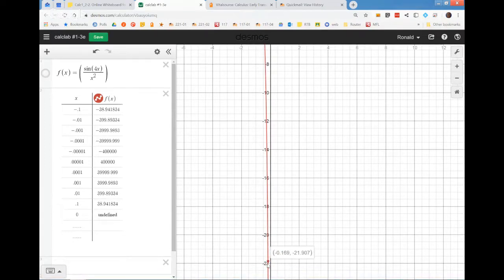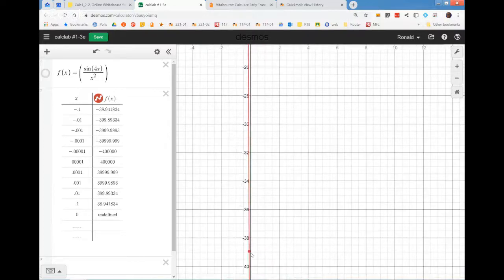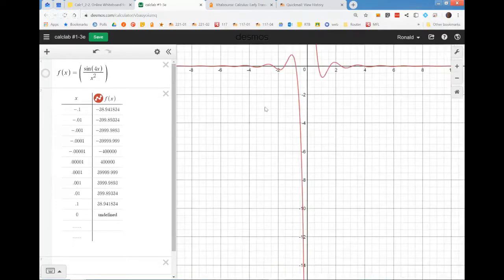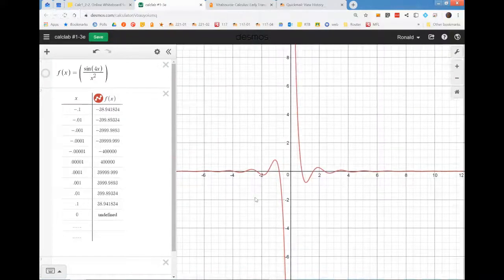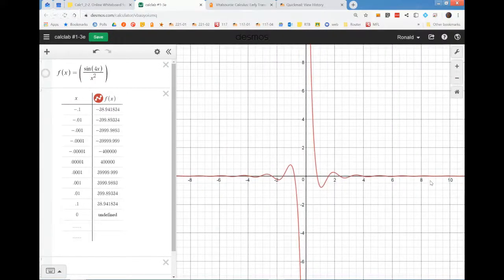We're already at -21 for a y-coordinate. Here, at -0.1, we're at -40 already. And of course, the farther we go down, the more it approaches negative infinity. And the opposite happens when you approach 0 from the right: positive infinity. Do they ever meet? No. No limit.